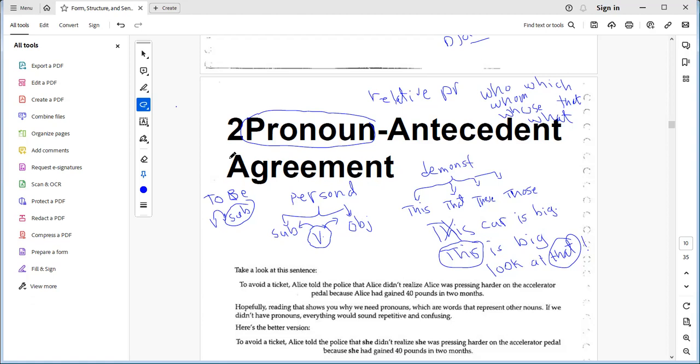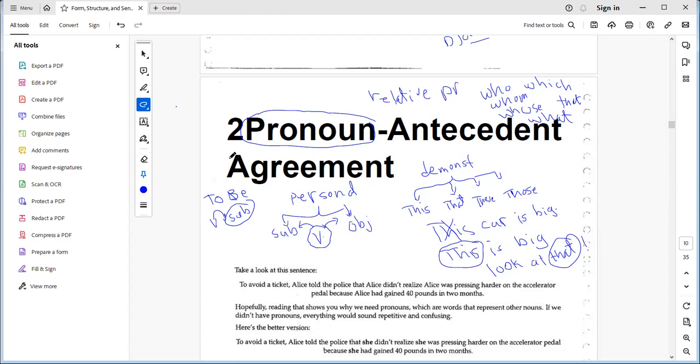What about the indefinite pronoun? Like if I said, everyone catches his or her bag. How, teacher? Everyone here doesn't indicate whether it's male or female.